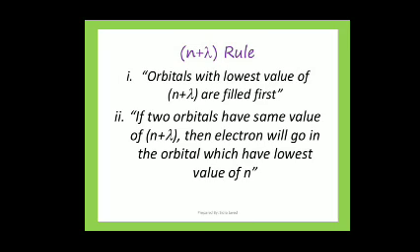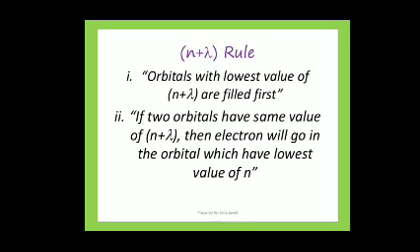Then n plus l value of the 4s orbital is 4 plus 0, that is 4. Hence the 4s orbital has lower energy than the 3d orbital, because its n plus l value is lower. So the electron is first filled in the 4s orbital, then enters the 3d orbital.